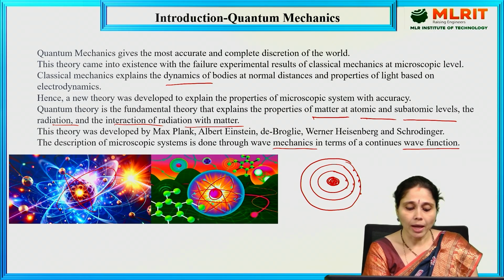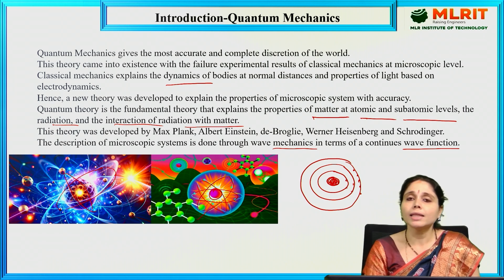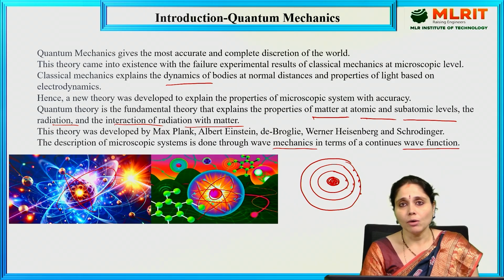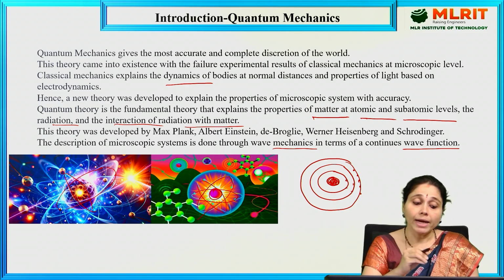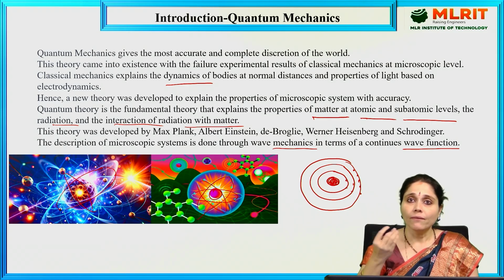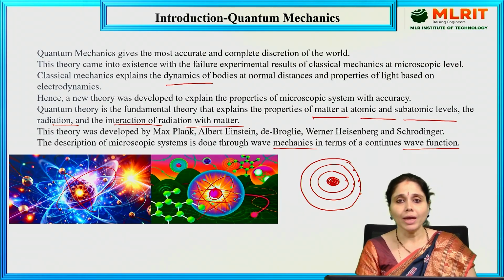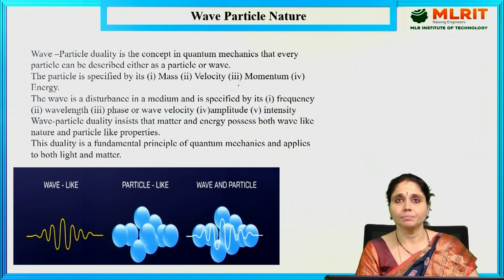These are all interrelated, and quantum mechanics deals with the atomic, subatomic, molecular and microscopic levels. That means how energy transfers within atomic and subatomic levels, the interaction of energy with matter, and so on. We shall see this in the next slides.